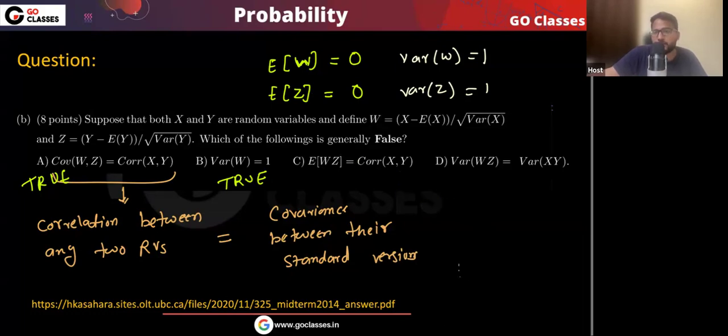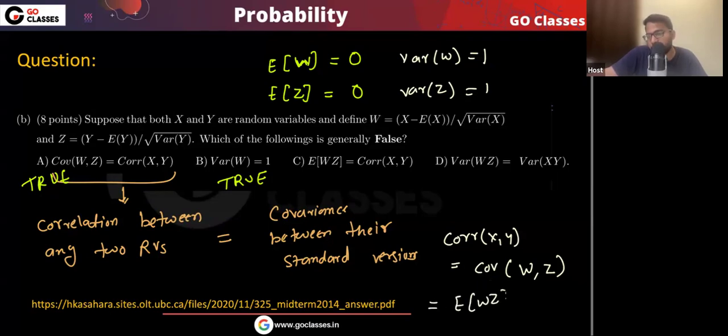Are you getting my point? That's how the correlation is defined. It is the covariance between their standard versions, which is nothing but expectation of WZ minus expectation of W into expectation of Z, which in this particular case is just expectation of WZ. So the correlation between X and Y is nothing but expectation of WZ. So this is true. So I think this is also true.